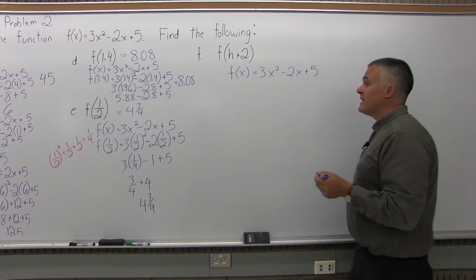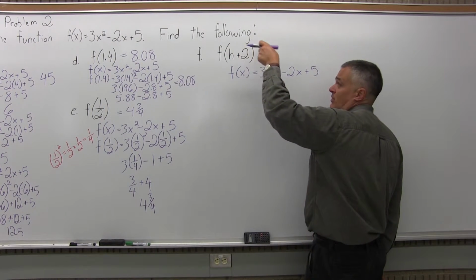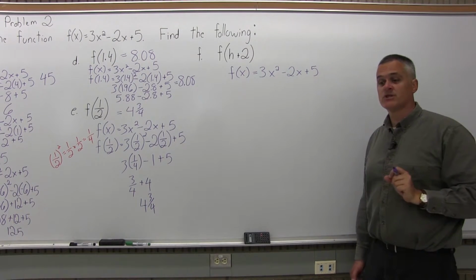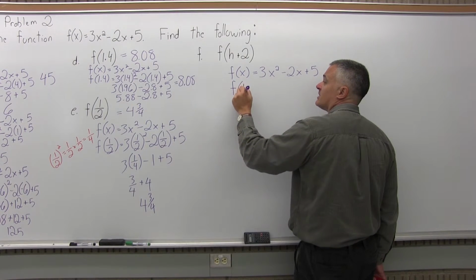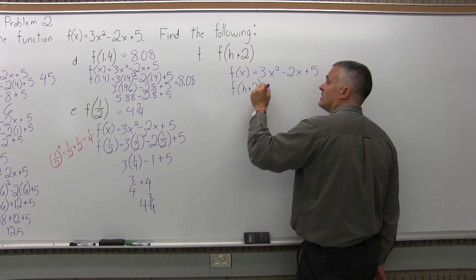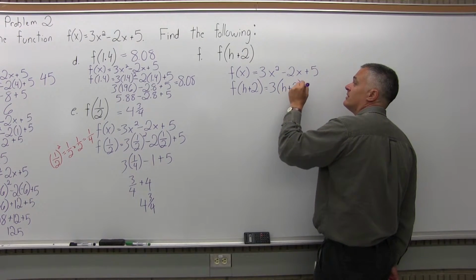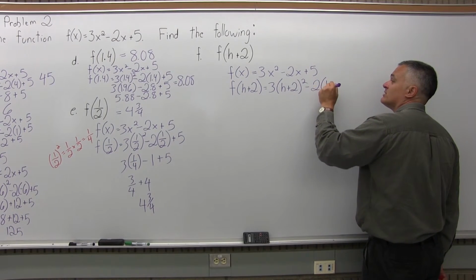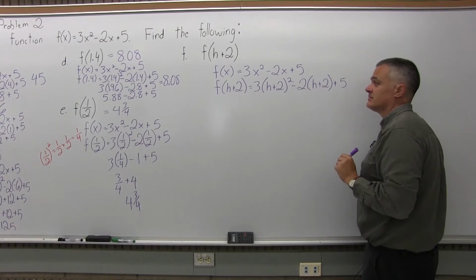So the problem is basically telling you, when it says find f of h plus 2, put in an h plus 2 as an input, or in other words, wherever you see an x, replace it with h plus 2, whatever the input is. So f of x becomes f of h plus 2. 3 times x squared becomes 3 times h plus 2 squared. Minus 2 times x is minus 2 times h plus 2. Then you have a plus 5 at the end.